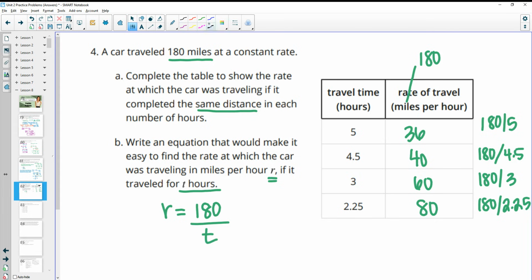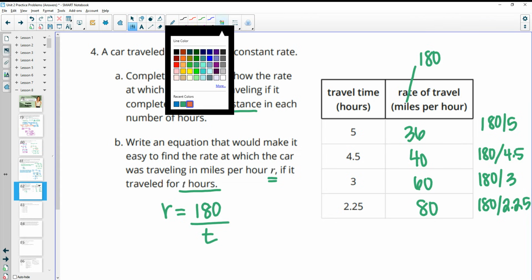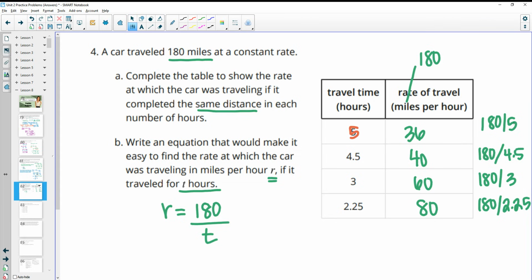And you can see that happening off to the side here, because as these numbers change, that's the bottom. So that's the variable, that's the one that's changing. So if we put a t here, then we'd have 180 divided by t as our general form.